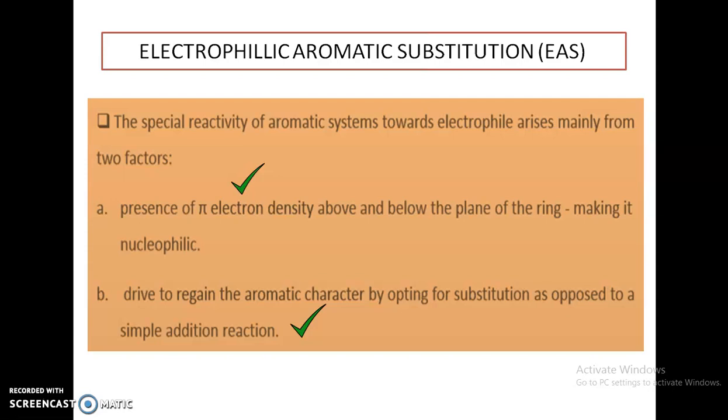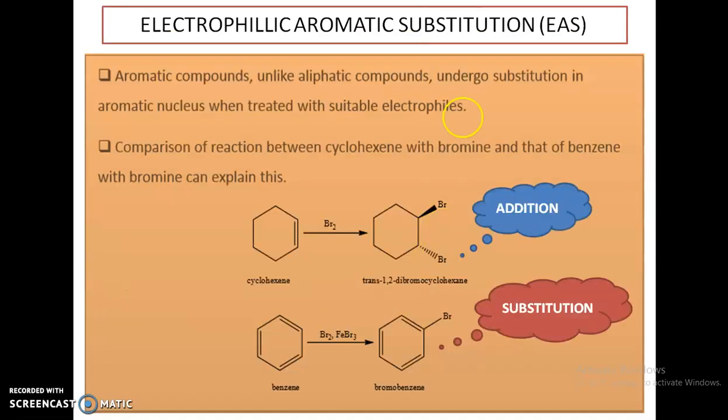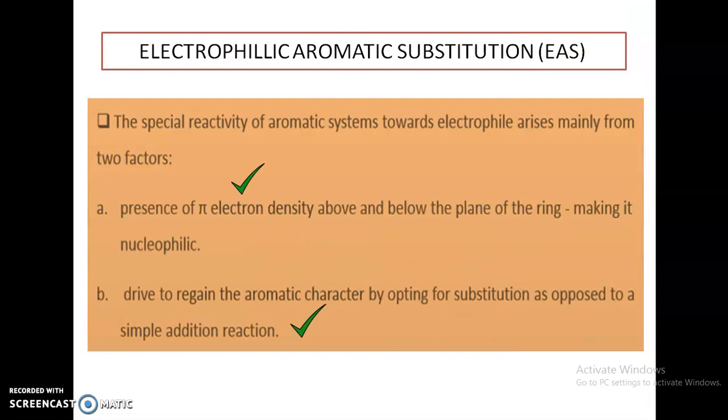Due to this I do not get any addition product, where an unsaturated double bond is removed and saturation takes place like it happens in an alkene, but the aromaticity is restored. I have the double bond as it is, but one of the hydrogens is substituted by the electrophile. Here it is halogenation, therefore a Br plus is attacking and I have Br attached.